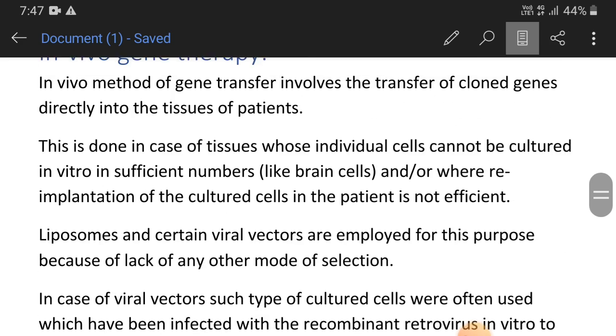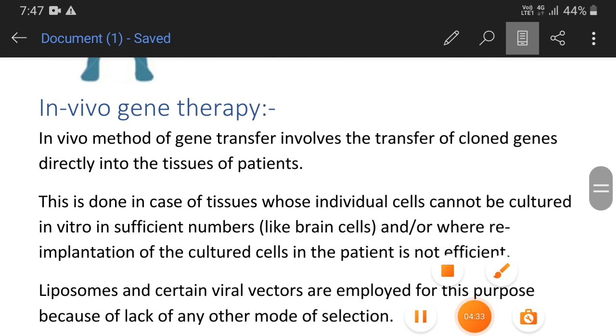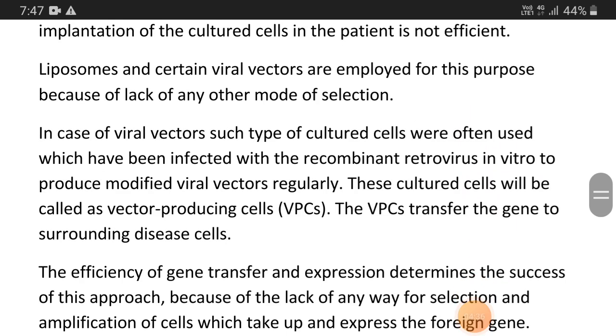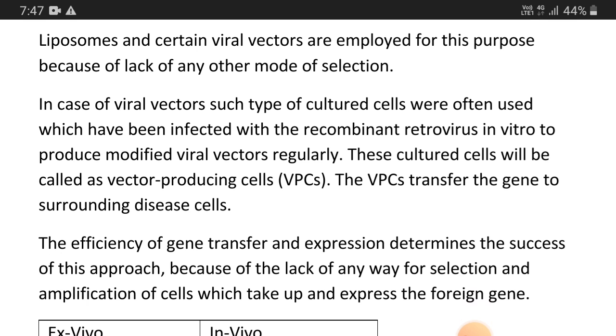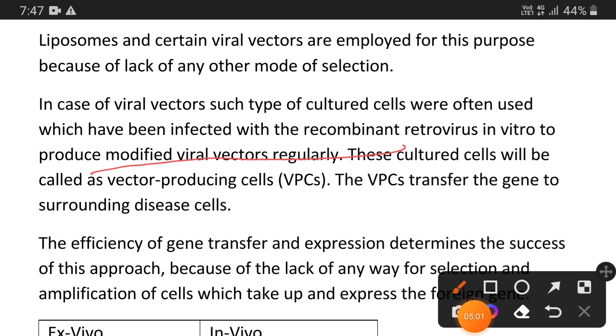Now if you are using a viral vector, then it is necessary to use a special type of cultured cell known as a vector producing cell. Remember, those cells have already been infected with a special type of recombinant retrovirus, which gives that cell the ability to regularly produce modified viral vector.